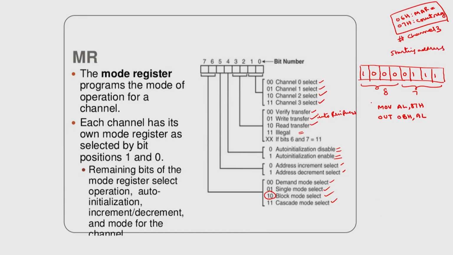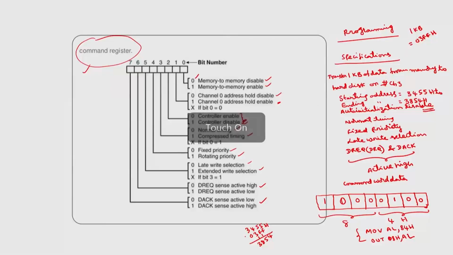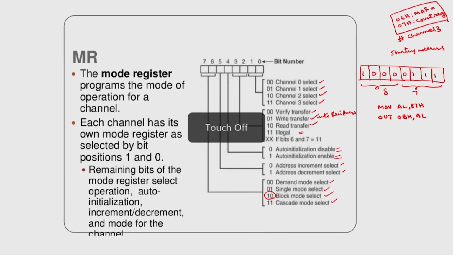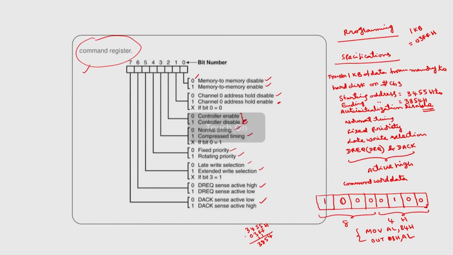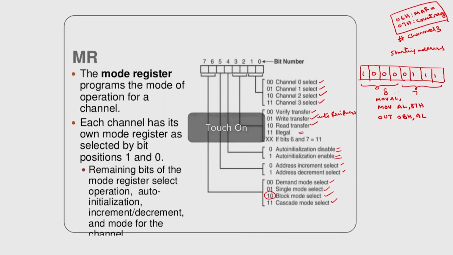So, the previous two instructions I have written here, move AL comma 84H, out 08H comma AL, I will write here for the completeness of this program.